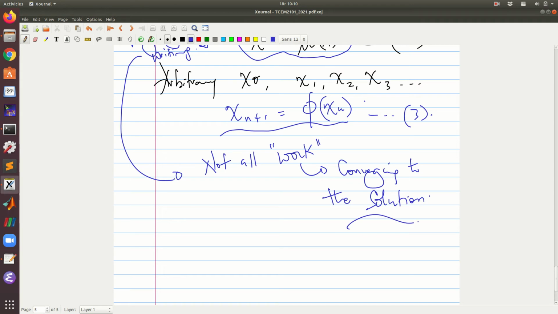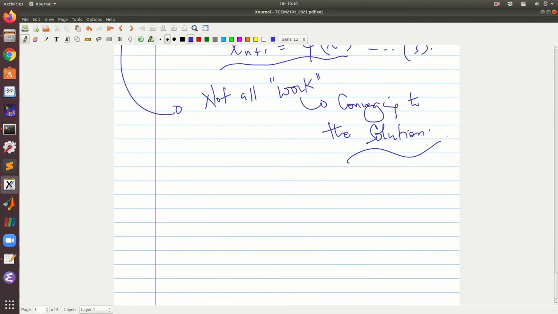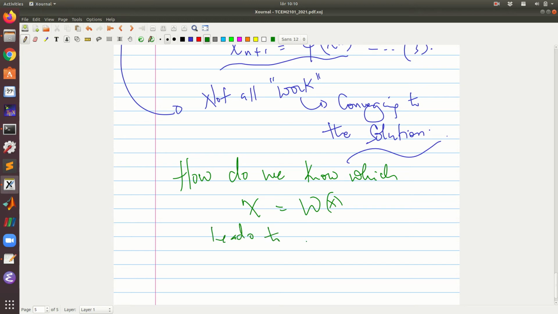Okay, so how do we know which form leads us to a sequence which is convergent?